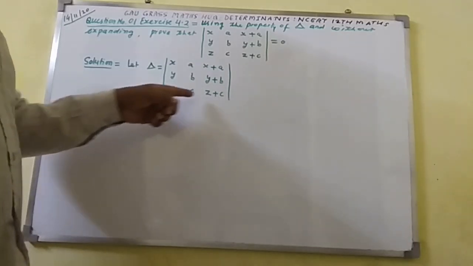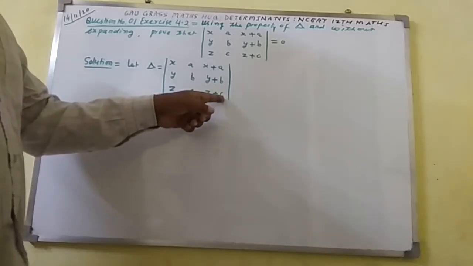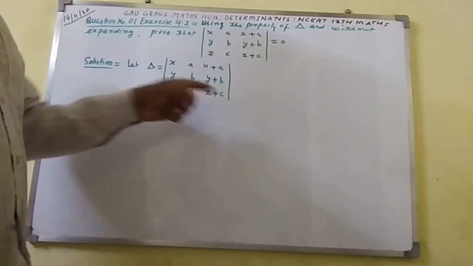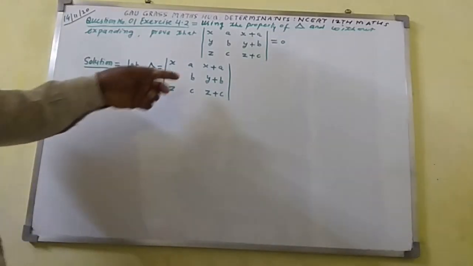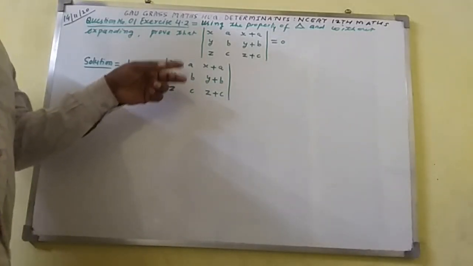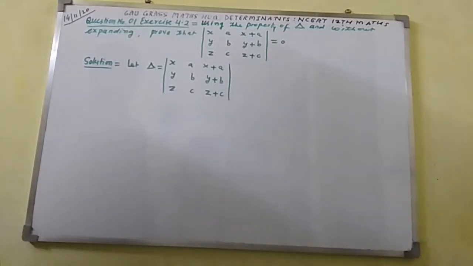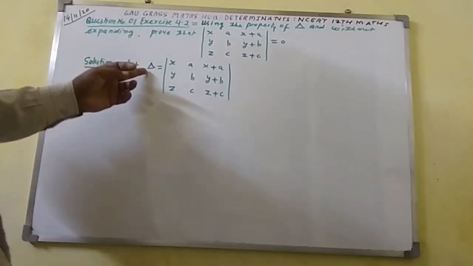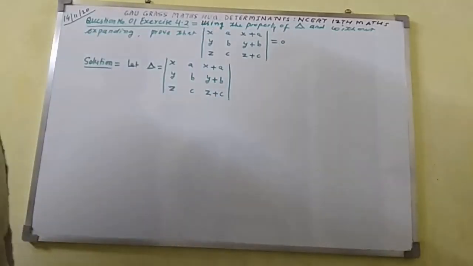Similarly, subtracting z from z plus c gives c. This means the second column and third column will be identical. That's why the value of this determinant will be equal to 0.